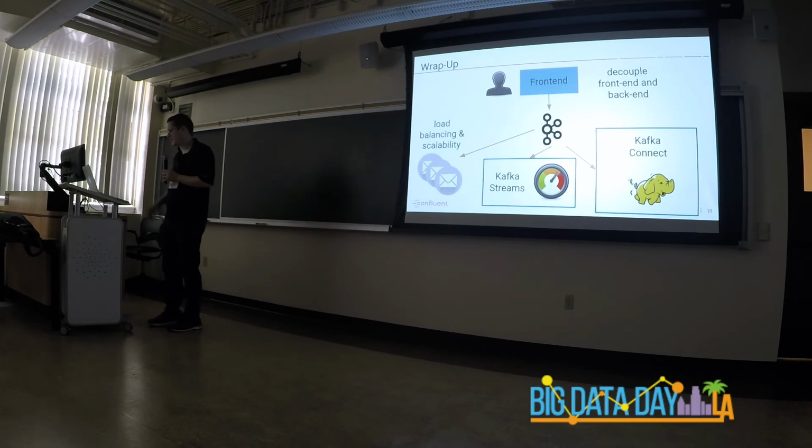And by the way, this scalability is not limited only to this component, of course. Connect has multiple worker processes sometimes. We could certainly have many worker processes in streams. And of course, finally, we've decoupled the front end and the back end. So as the organization grows and as people add more features, we don't have to re-architect the system.